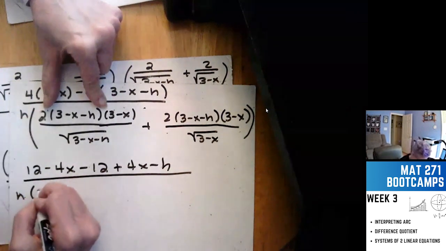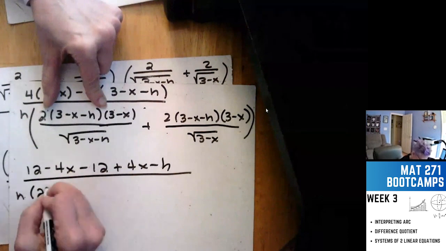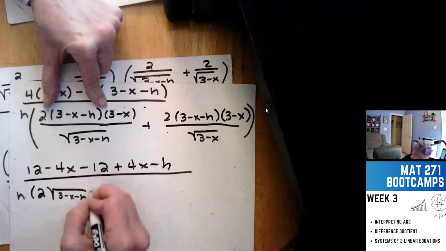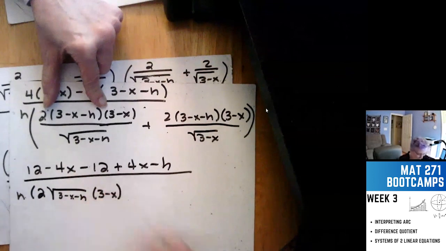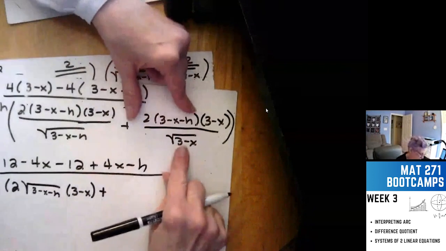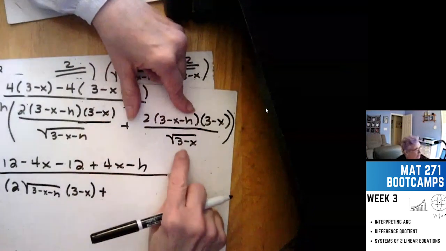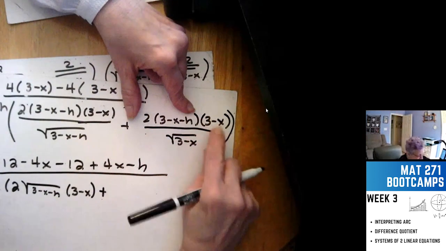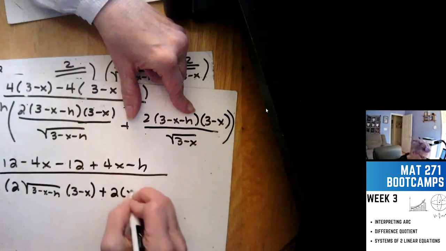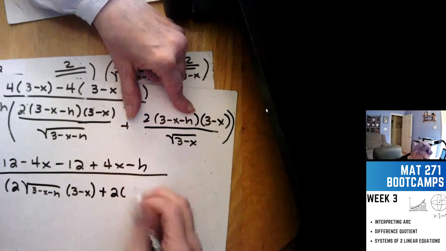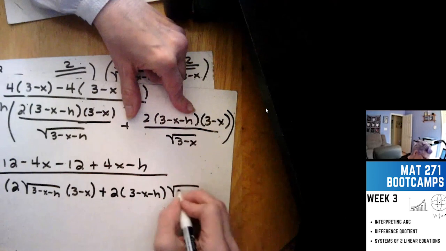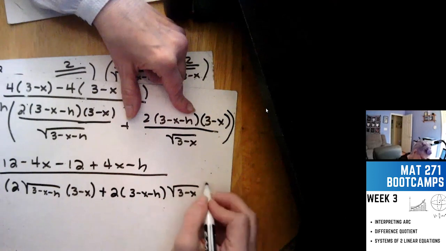So that's the same thing as 2 times the square root of 3 minus x minus h times 3 minus x, plus over here, I have a square root of 3 minus x on the bottom and a 3 minus x on top. So that's the same as 2 times 3 minus x minus h times the square root of 3 minus x.